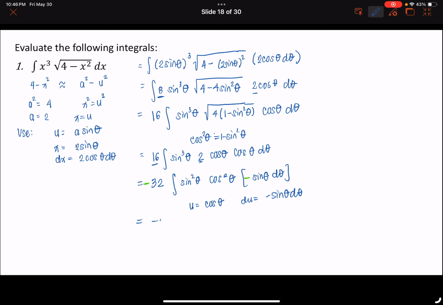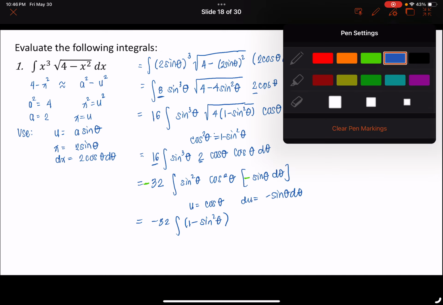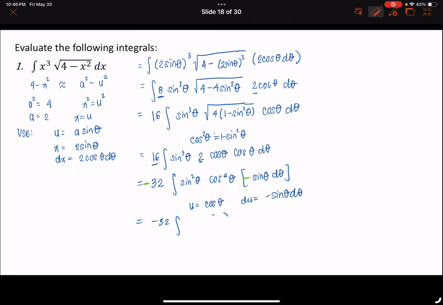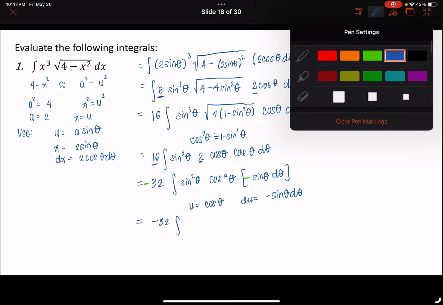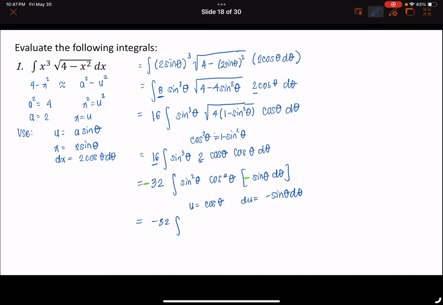So we have negative 32 integral of 1 minus sine squared theta, so this is your du, and this is a u squared.